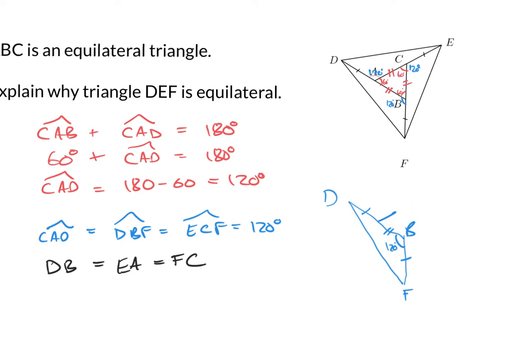Plus, we know that in our triangles, these short lengths here, this one, and this one, and this one are all the same length. So we know that, what have we got? We've got BF equals, what have we got?